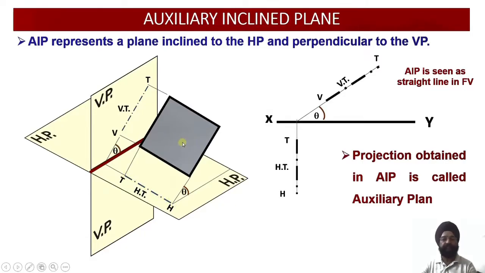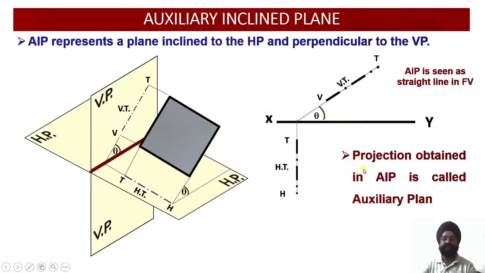Similarly, if I extend my AIP towards the vertical plane, wherever the extension of this AIP intersects with the vertical plane, we obtain the vertical trace of this particular AIP. You can see the vertical trace is inclined at an angle theta, whereas the horizontal trace will appear as a vertical line below the XY line.